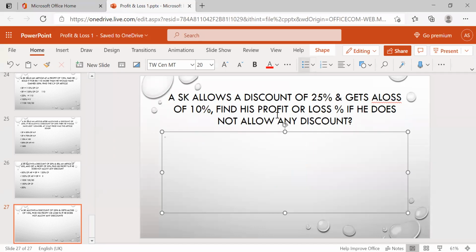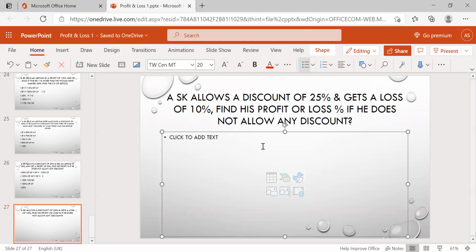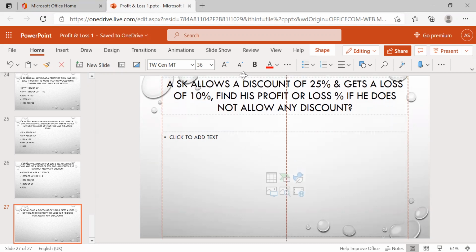Now, try to solve this one. What they're asking here: a shopkeeper allows a discount of 25% and gets a loss of 10%. Find his profit or loss percentage if he does not allow any discount.